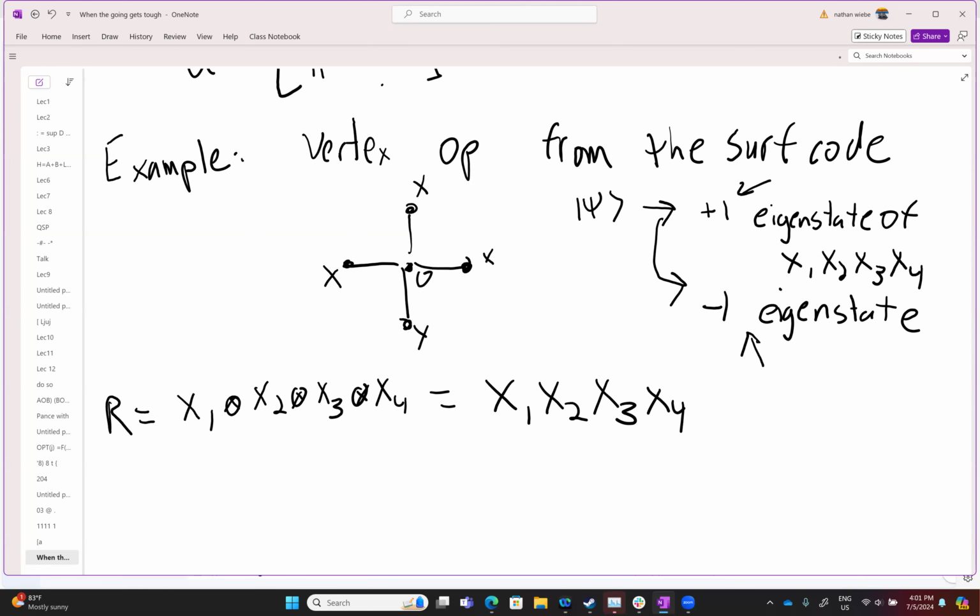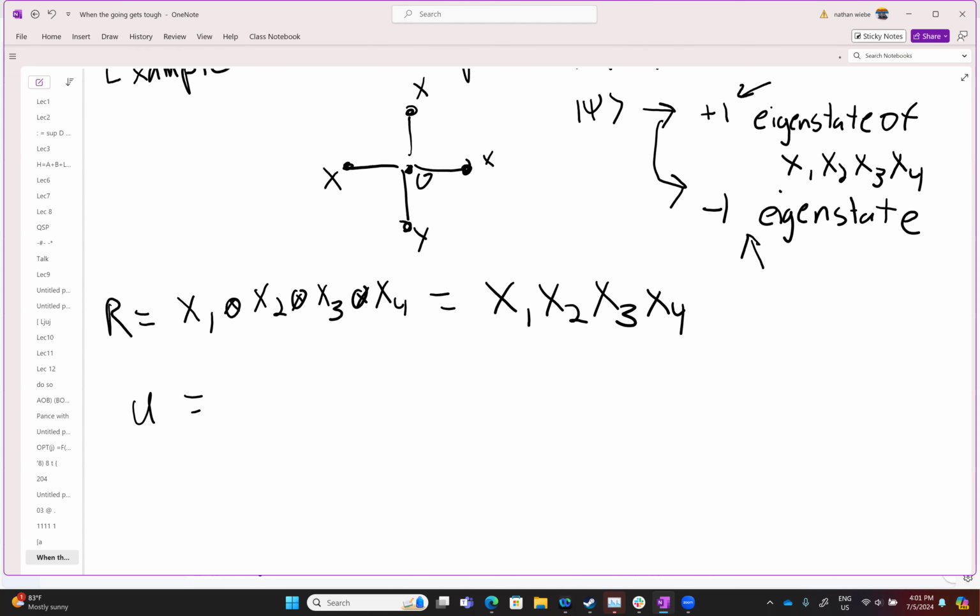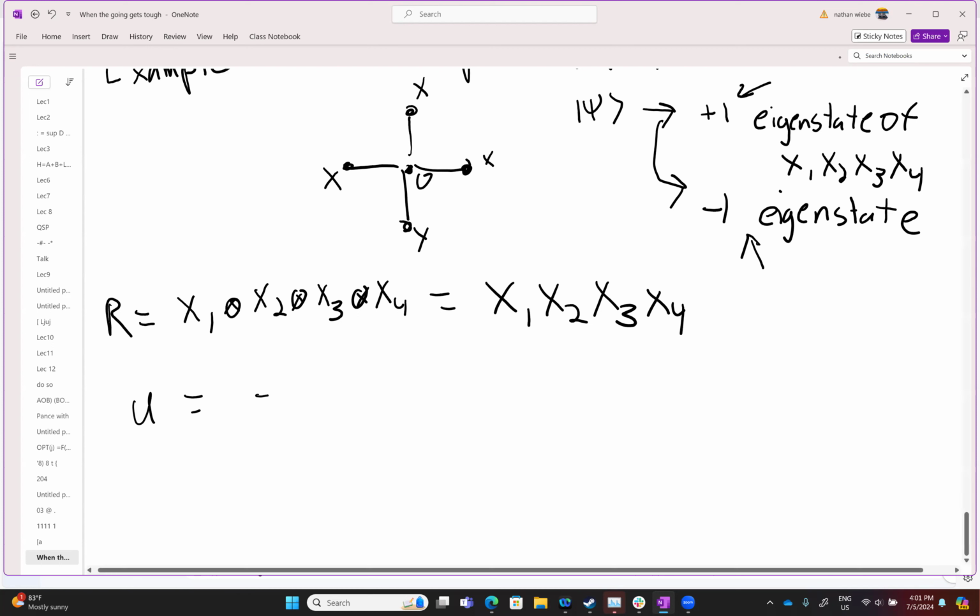So if that's the case, then our circuit for block encoding this projector onto the +1 eigenstate, say, or actually, I guess technically it'll give us the -1 eigenstate, as we realized above, will be Hadamard.